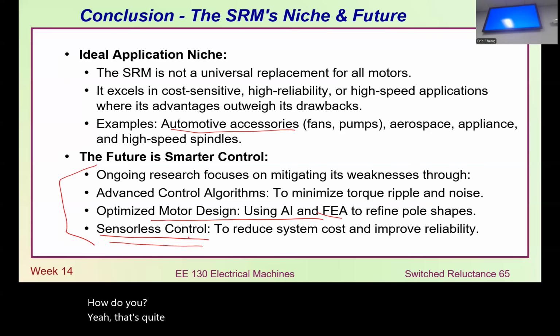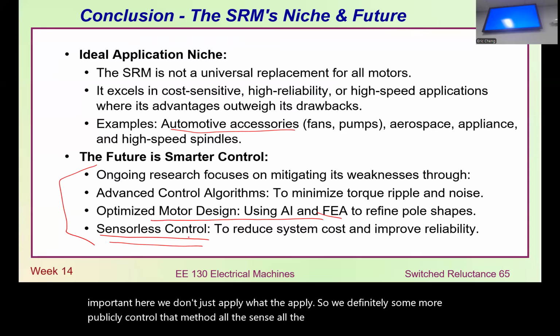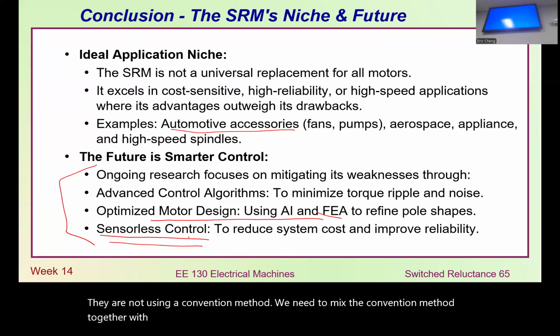That means timing control and the control method are quite important here. You don't just apply voltage. You apply voltage so that you can measure the inductance. You just spare a little bit of time. So that will be a more complicated control method. For all sensorless control, we are not using a conventional method. We need to mix the conventional method together with some kind of measurement from the excitation.